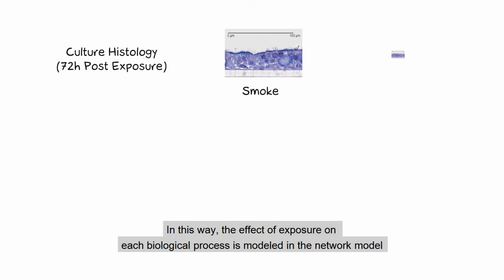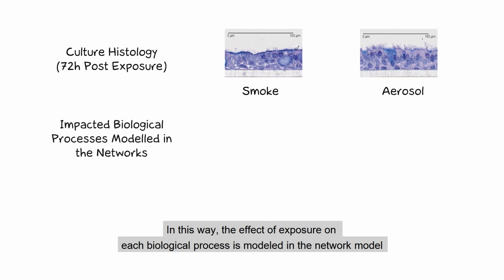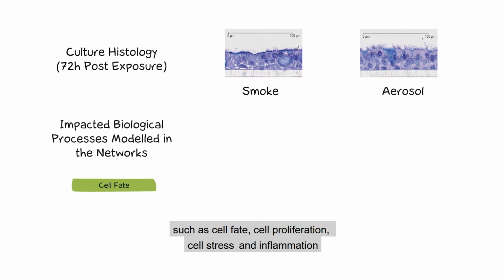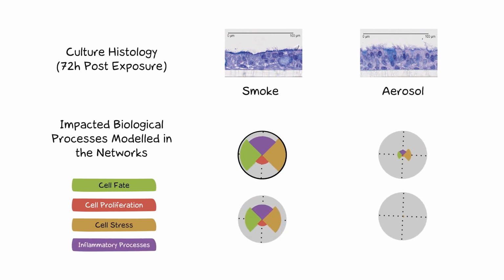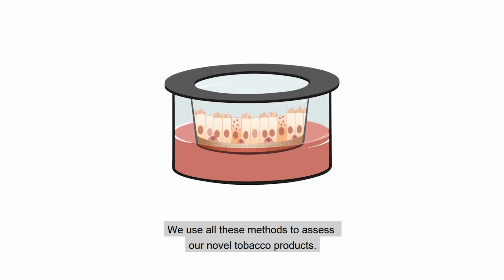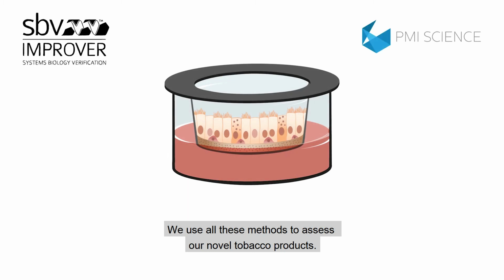In this way, the effect of exposure on each biological process modeled in the network model, such as cell fate, cell proliferation, cell stress, and inflammation, can be visualized as star plots. We use all these methods to assess our novel tobacco products.